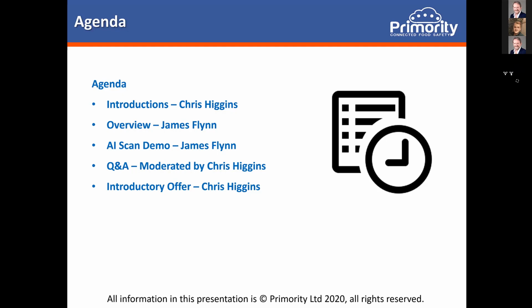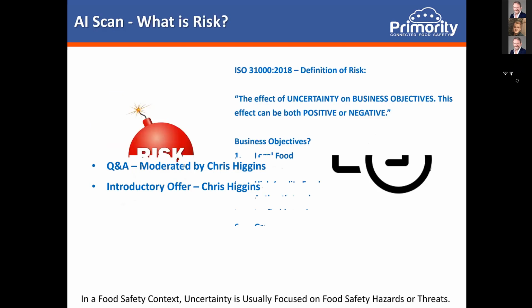But I want to talk today about one specific aspect of all of that, and that is what I think is a bit of a blind spot in many food companies, kind of rear view mirror, so to speak. So AI scan is about using artificial intelligence to scan the data about food supply chains and learn from that and share that learning with our customers and ultimately with other people as well, as I'll talk about a bit later on.